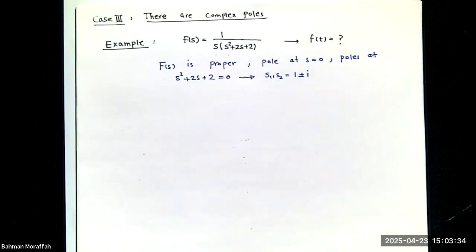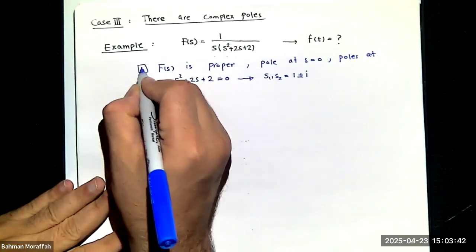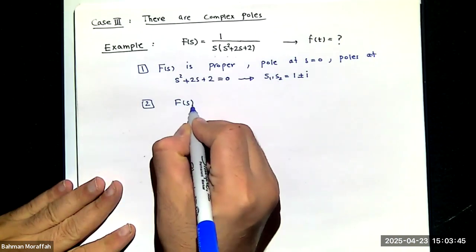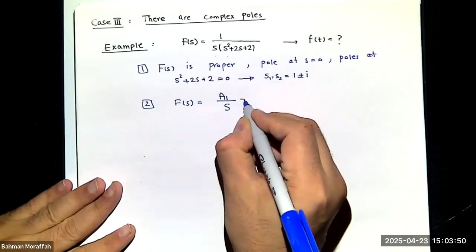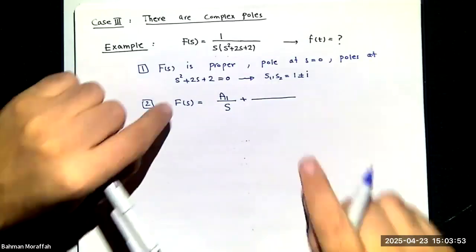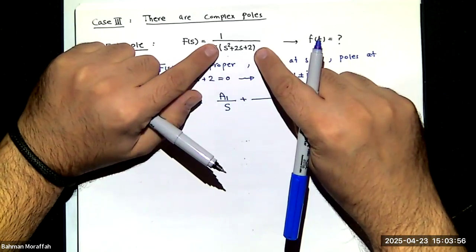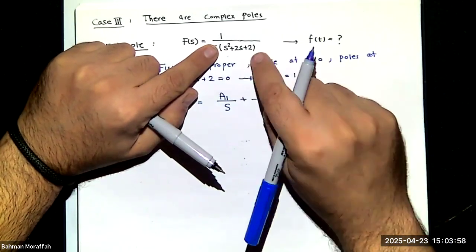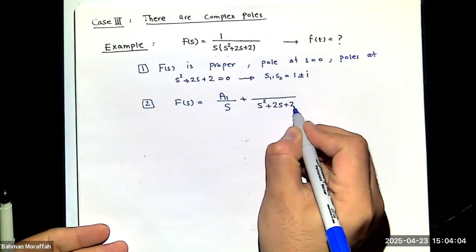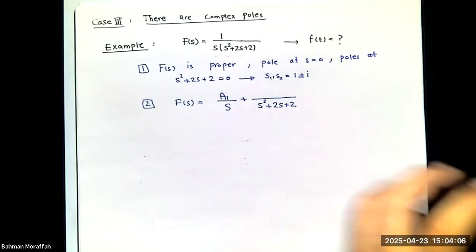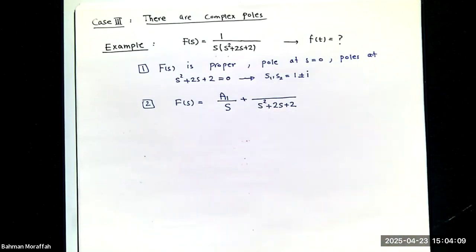I'm going to have to do the partial fraction decomposition and then try to find the coefficients. I know I can write F(s) as some constant A1 divided by s, plus, since I want to work with real numbers, I'm not going to decompose this into its roots. So I'm going to keep it as s squared plus 2s plus 2. But as soon as I keep a second order down here, my numerator can go up to first degree.